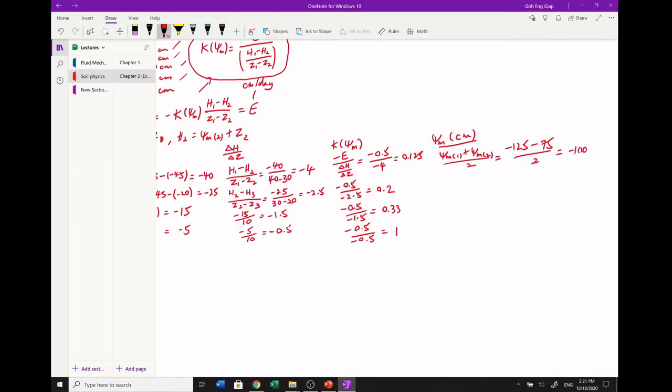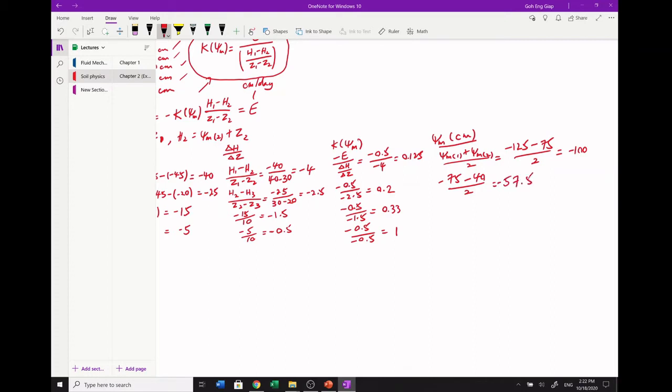Okay, so the next one is negative 75 minus negative 40 divided by 2, so that gives you negative 57.5.